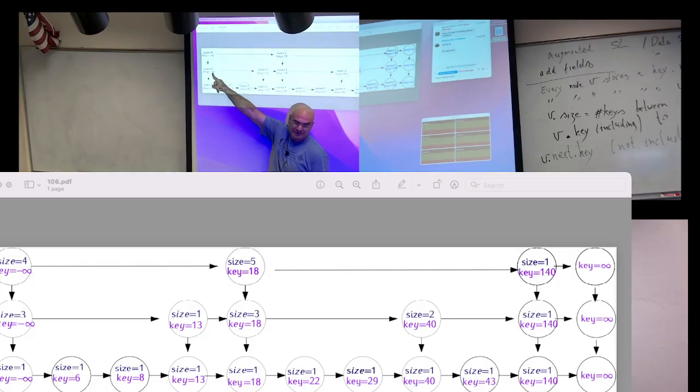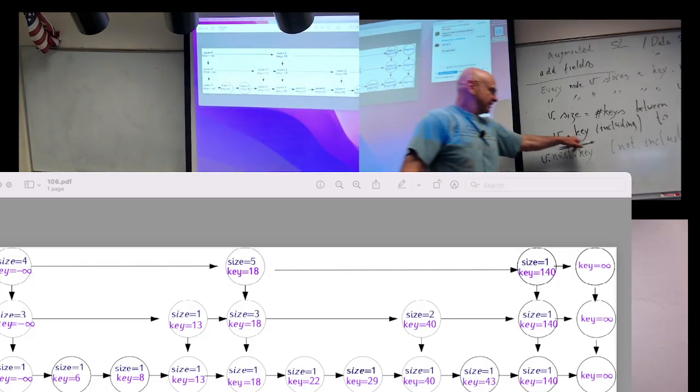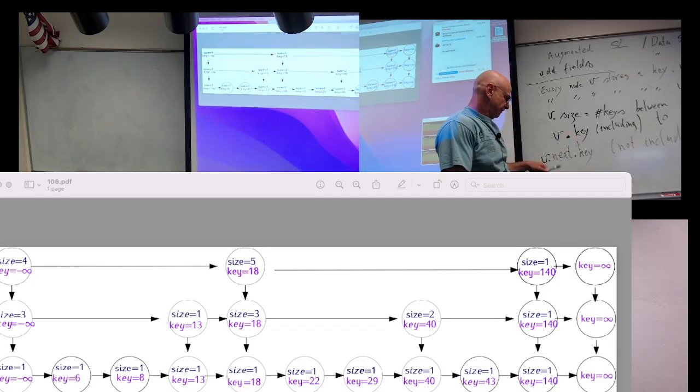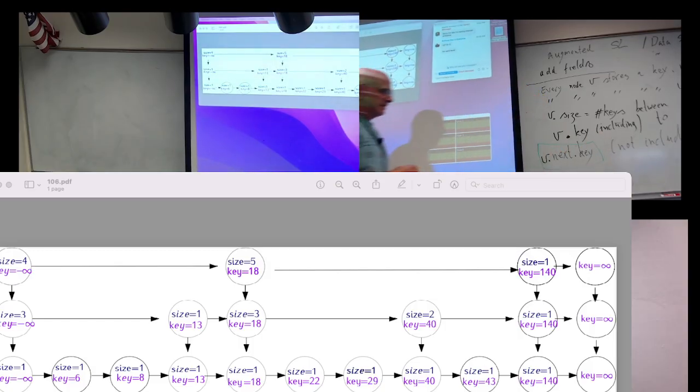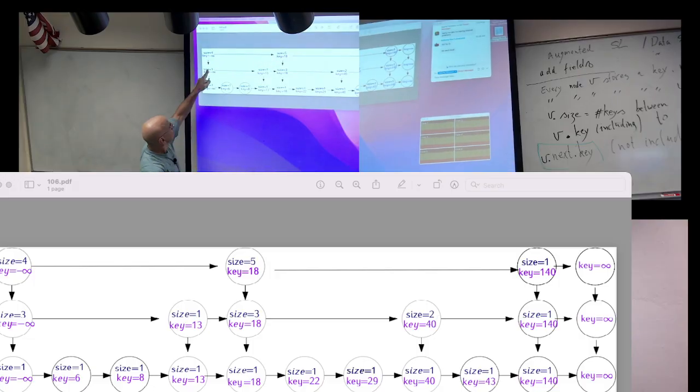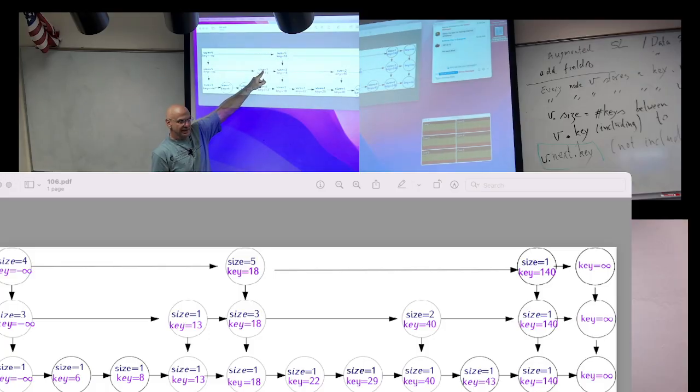V dot next dot key of this guy is 13. It is the key value of the next guy in the same level.